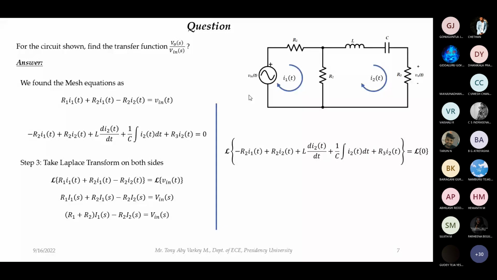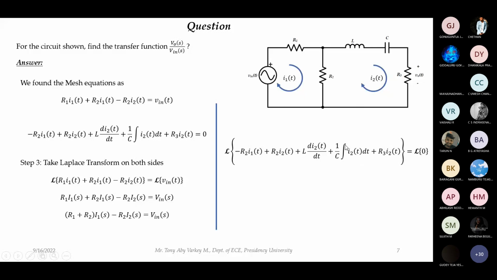So please note here: minus R2 into I1 of s plus R2 into I2 of s plus L into Laplace transform of di2 of t by dt means it will become L into s I2 of s. When it is differential, it will become multiplication by s. Plus 1 by C integral of I2 of t dt.